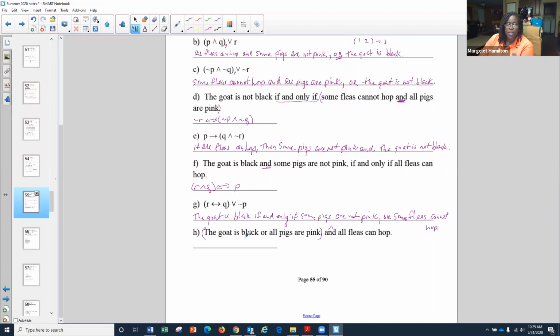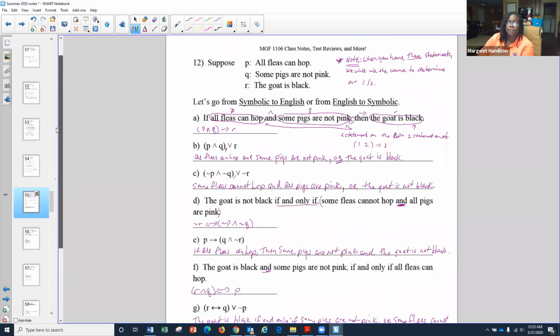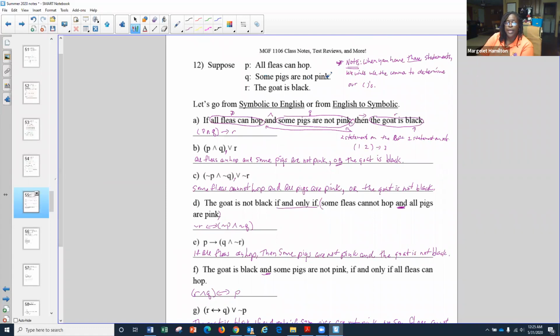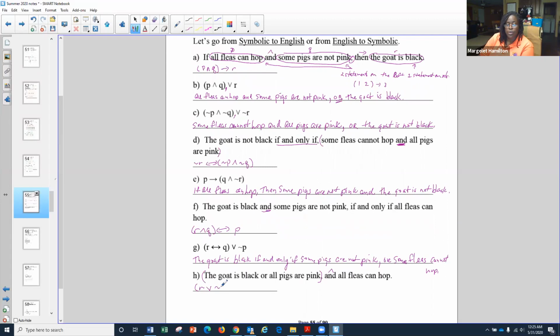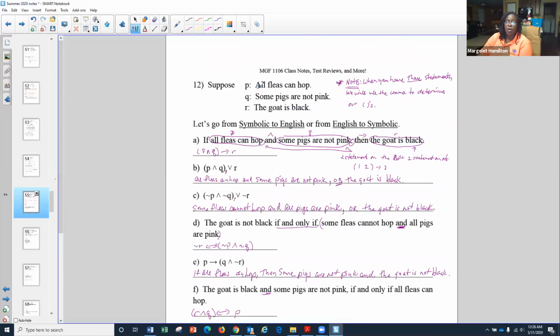So you have the goat is black, that should be parentheses with an R. You have or all pigs are pink. See, we have some pigs are pink. All pigs are pink should be negation Q. Close up your parentheses. Then you have your and, all fleas can hop. Remember that is P, all fleas can hop.